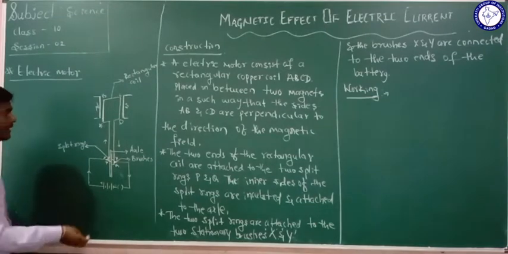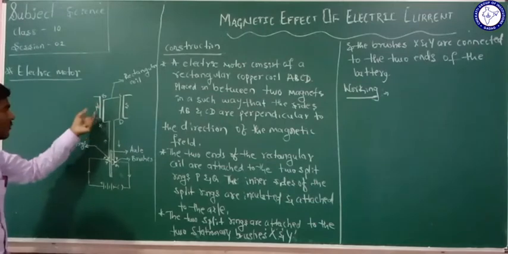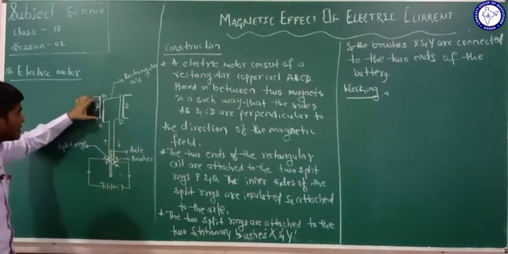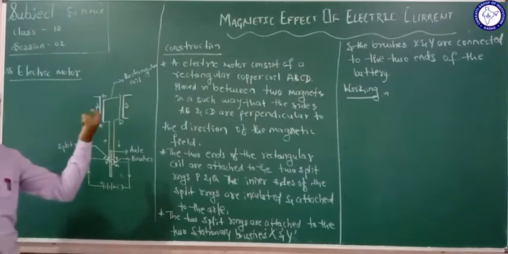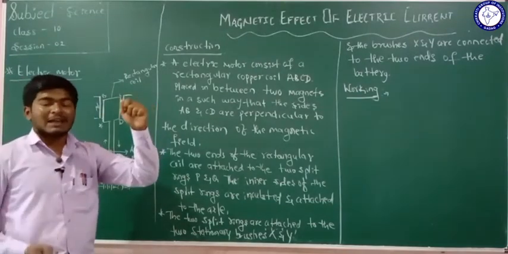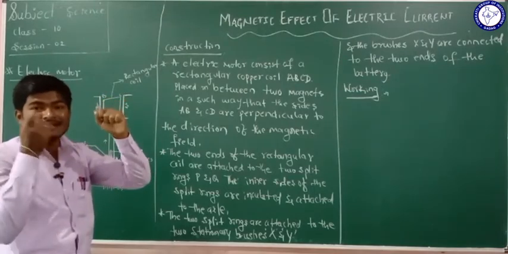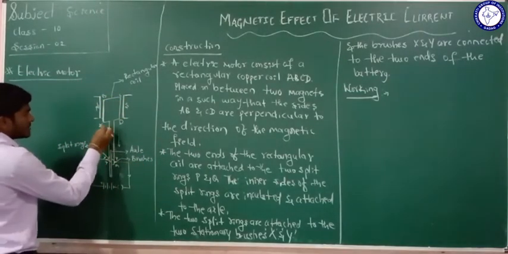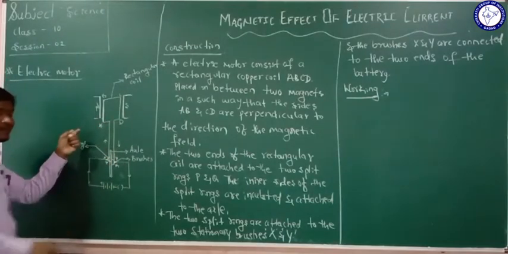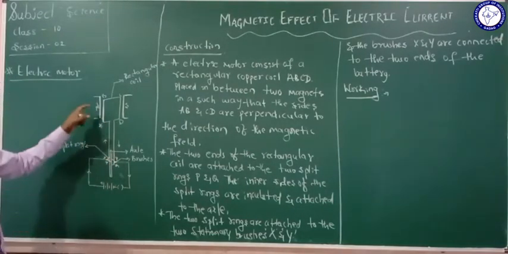When the electric current enters this side, what happens? This coil will be converted into a magnet, isn't it? As we studied already, when electric current passes through a conductor, the conductor acts as a magnet. So when that electric current passes through this side AB, this side will act as an electromagnet, due to the magnetic field.